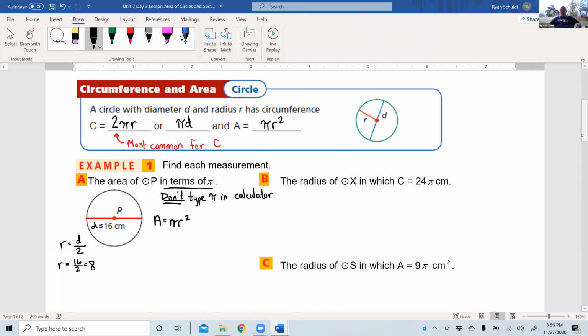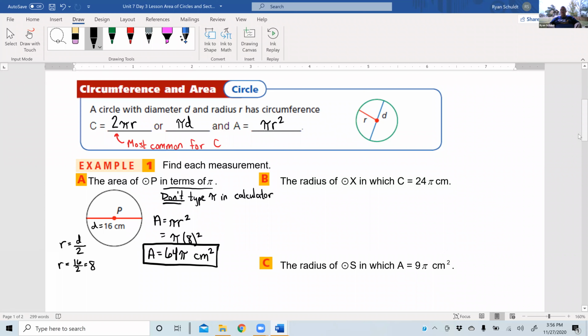That's the r we want to use. So I'll put in here pi times 8 squared. Now here's where I said don't type pi in the calculator. I get it. You don't know what 8 squared is. Okay, type 8 squared in. Do not put pi times 8 squared. 8 squared is 64. I'm going to bring the pi down. 64 pi, units are centimeters squared. That's our answer.